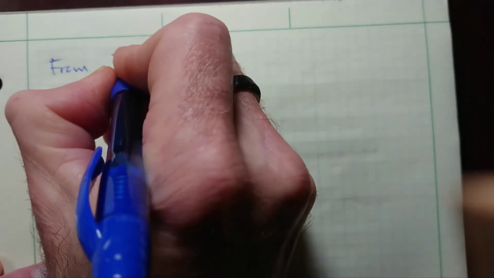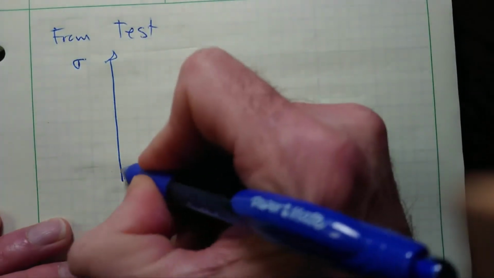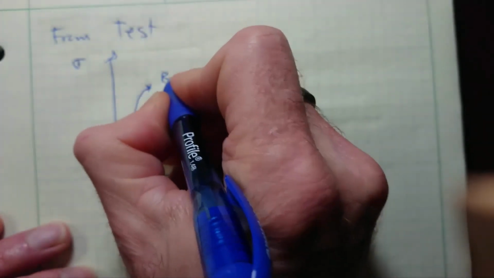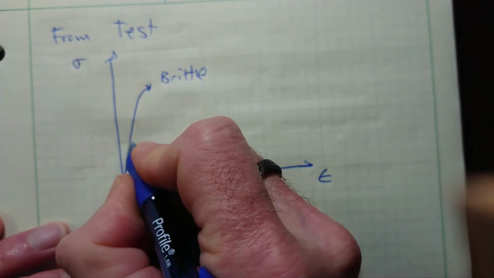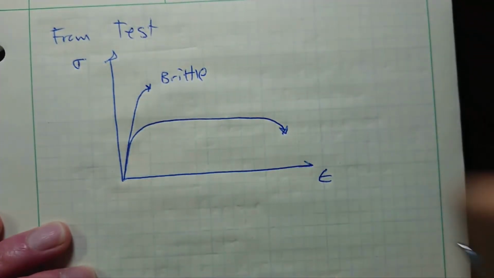In terms of the stress-strain diagram, if you were to compare the stress-strain diagram for a ductile and a brittle material, a brittle material isn't going to deform very much before it breaks, and a ductile material is going to stretch a lot before it breaks.